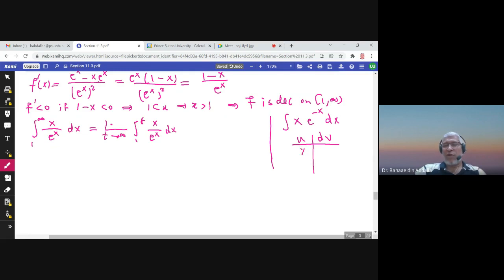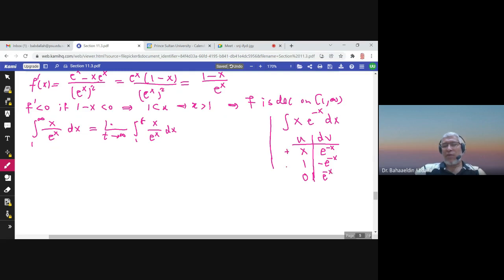The function which we are calling u is x, the derivative is 1, then the derivative is 0. The function which we are calling dv is e to the negative x, integrating gives negative e to the negative x. Integrating again, we get e to the power negative x.